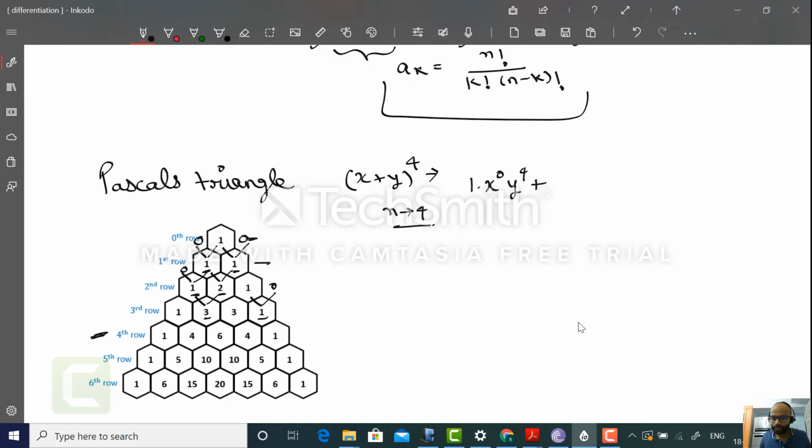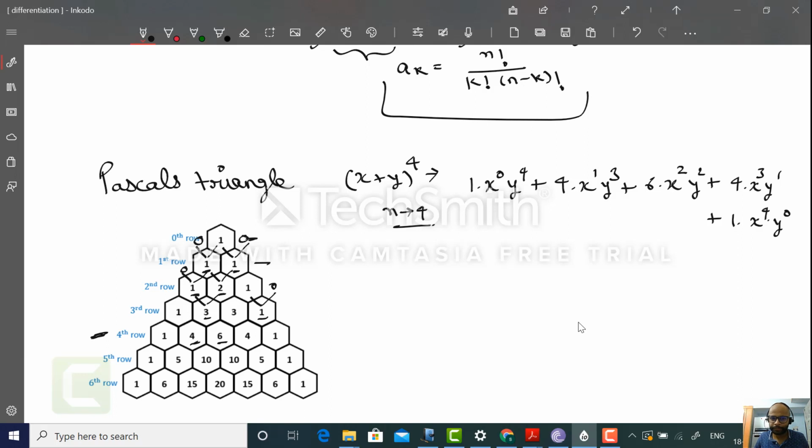The a1 term would be 4 into x to the power of 1, y to the power of 3. The next term would be 6 into x to the power of 2, y to the power of 2. The next term would be 4 into x to the power of 3, y to the power of 1. The last term would be 1 into x to the power of 4, y to the power of 0.